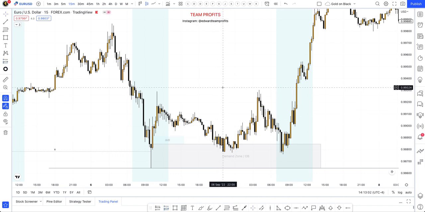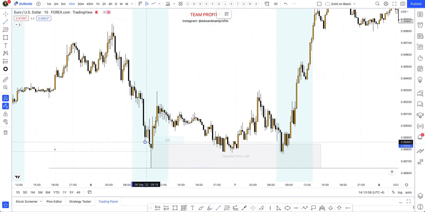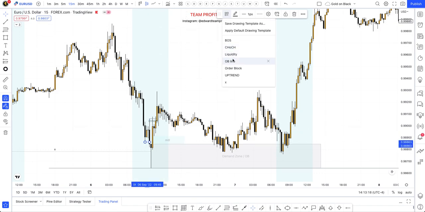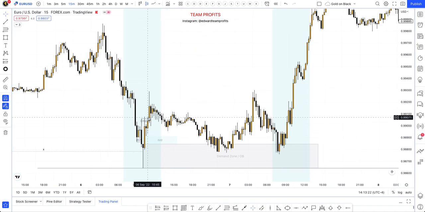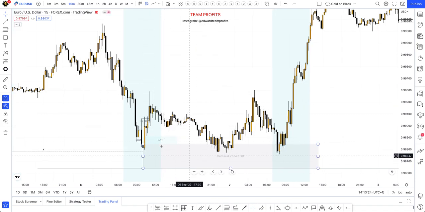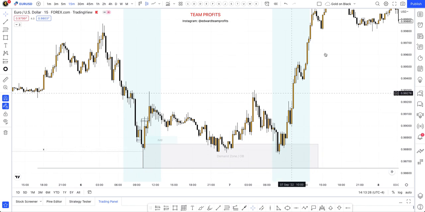So also just take a look at this. Now in this time frame, we're seeing BOS right here, the last BOS, and this would be our change of character right here. So we have our change of character, we have our BOS, right? What the market is doing is pulling back to the order block and going up.